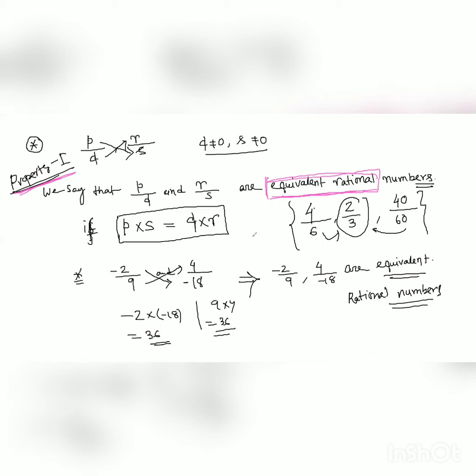Next, let us check one more example whether they are equivalent or not. Suppose one is 4 by minus 7, another is 8 by minus 13. Check the cross multiplication. 4 into minus 13 is equal to minus 52, and minus 7 into 8 is equal to minus 56.